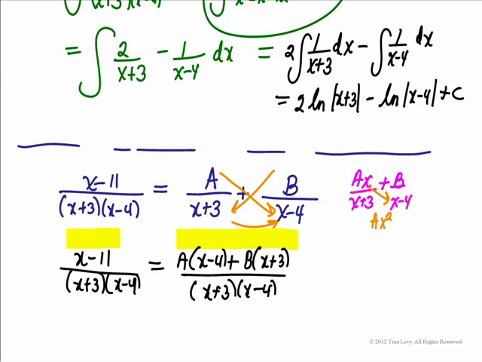That gives me the equation I'm going to solve: x minus 11 equals A times x minus 4 plus B times x plus 3, and it must equal that no matter what x value I substitute in.